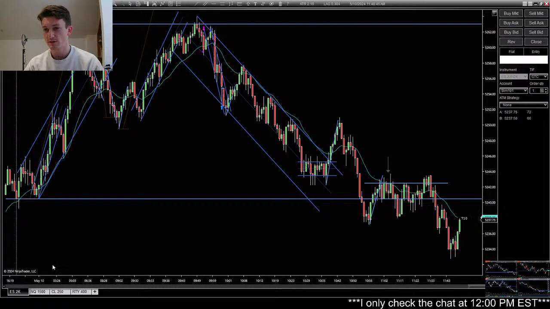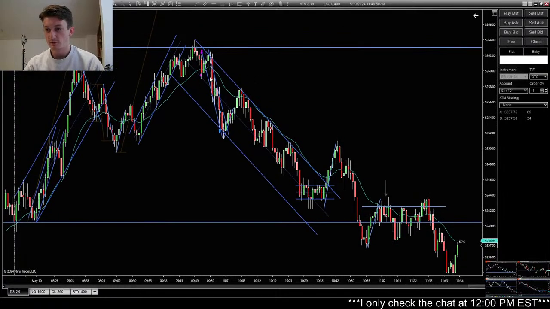I'm trying to see if there's anything else. Here, again, prices played out, broke out of the overnight highs. I'm expecting prices to go down, but again, they easily could have just made a 1, 2-legged correction and then continued higher.